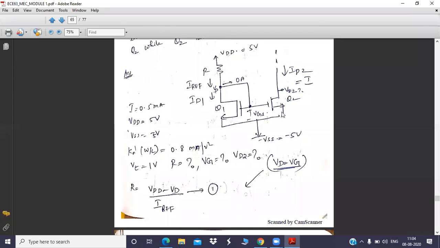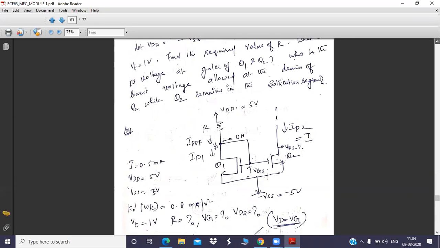You have only two MOSFETs, Q1 and Q2, and a resistance. So here R is the unknown resistance which you need to find out based upon the given specifications.